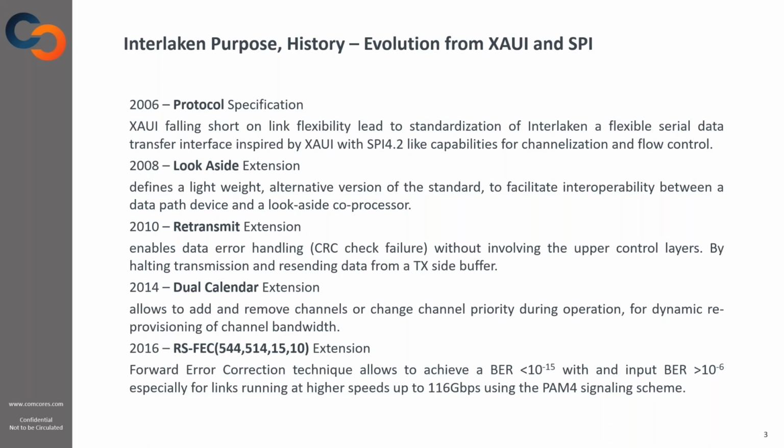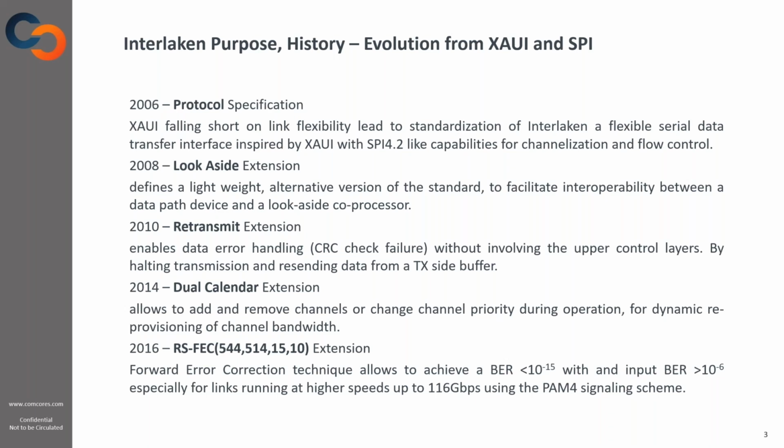And finally, in 2016, well, maybe not so recently, they introduced the RSpec extension, which is basically Reed-Solomon forward error correction. This was introduced because of PAM4 signaling and the bit error rates associated with PAM4.